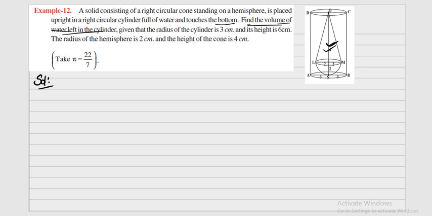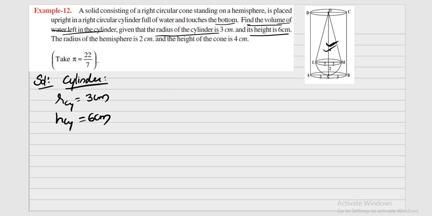Now what are the things that are given? First you write down. First about the cylinder we are going to discuss. So about the cylinder what he has given? Radius of cylinder is given as 3 centimeters. Next, height is given as 6 centimeters. So height of cylinder is 6 centimeters. Next, what he has given about hemisphere and cone.